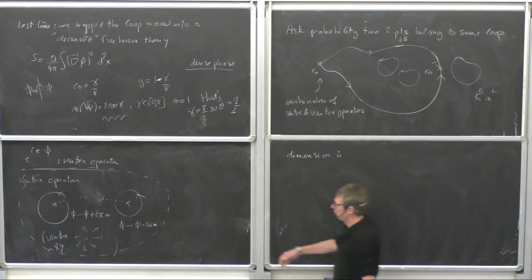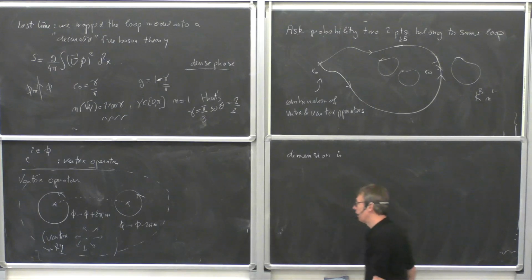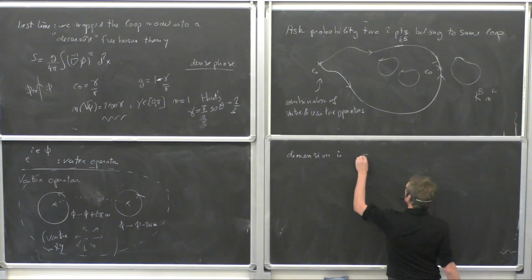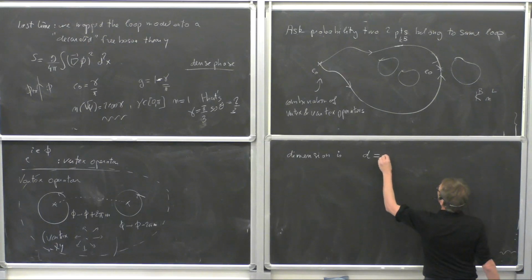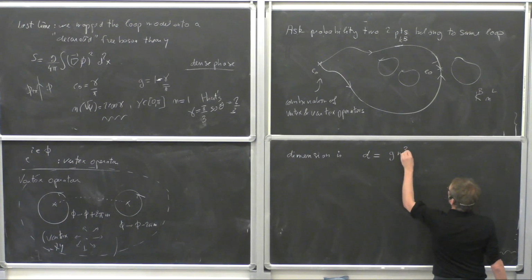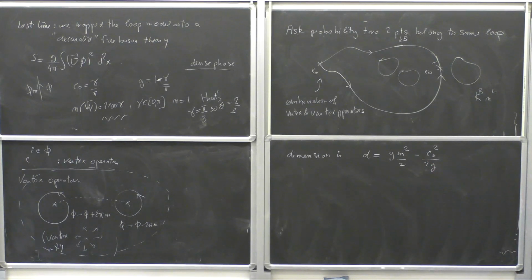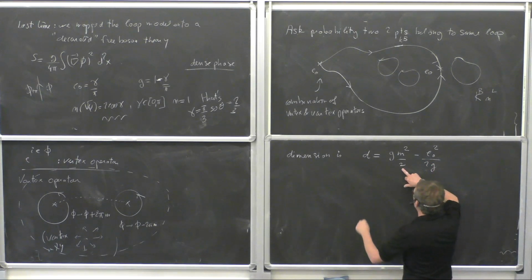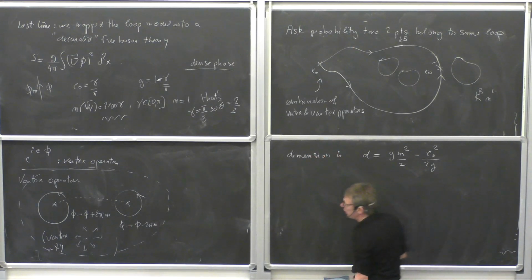We should calculate the dimension for vortex operators. It's a little bit technical. I'm not going to do it. Just want to give you the result, which is gm square over 2 minus E naught square over 2g, where m has been defined exactly here.